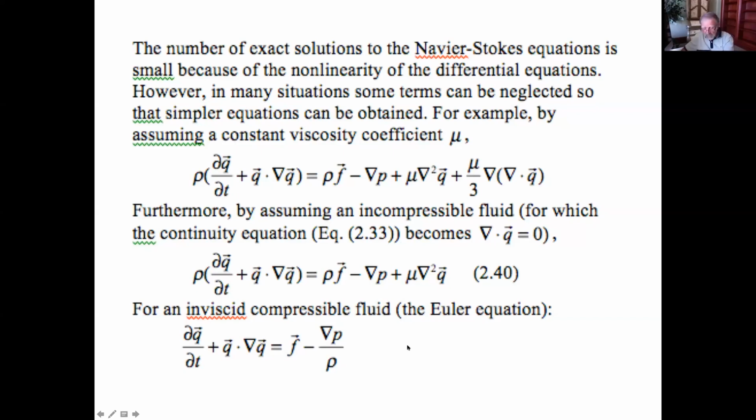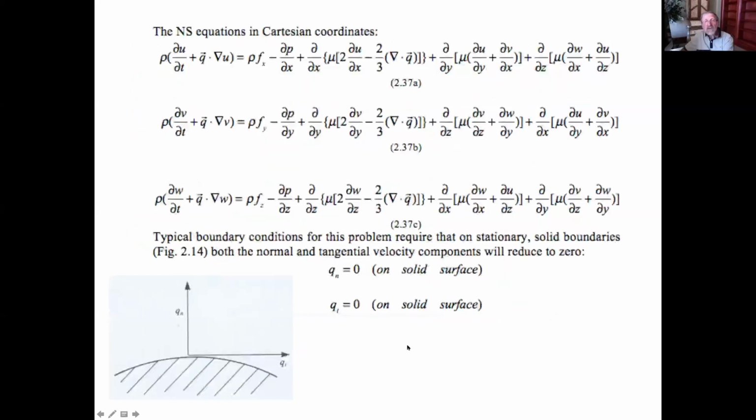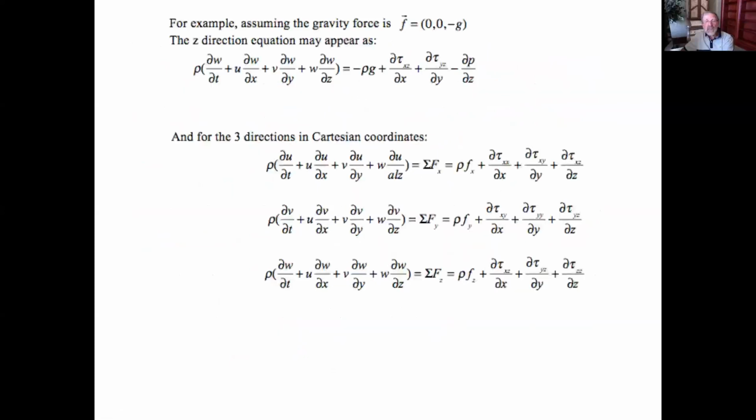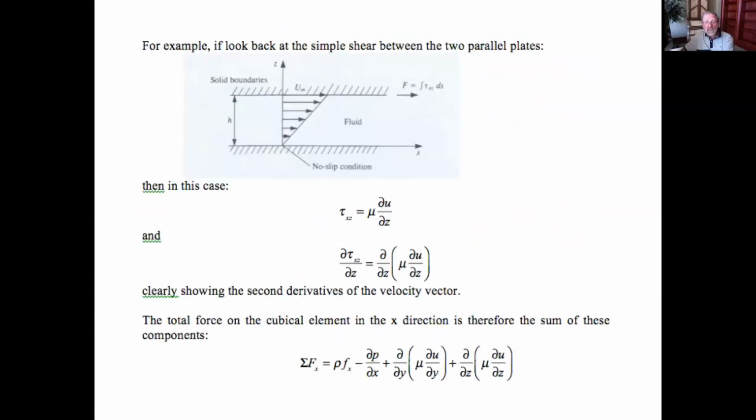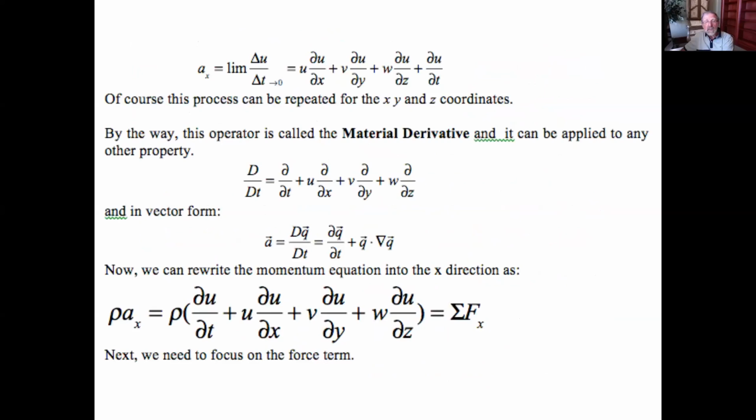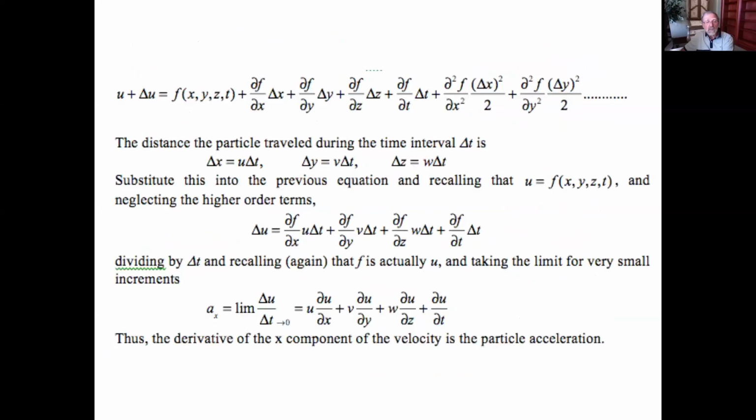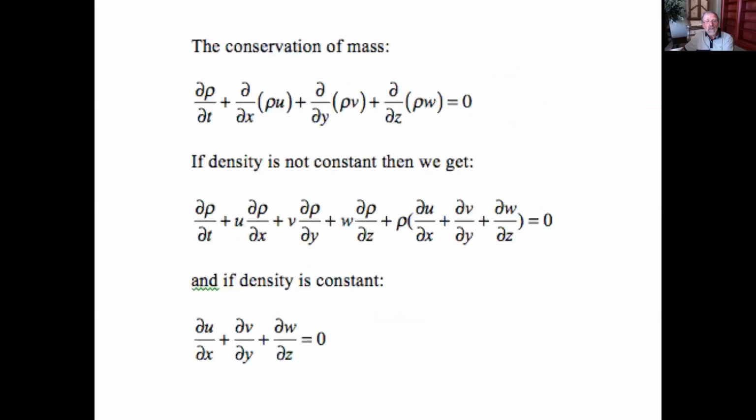I have a few minutes. Let me just go back very quickly because I said something and I didn't prove it. When we discussed the continuity equation or conservation of mass, I said if density is constant, incompressible, we end up with this relation.